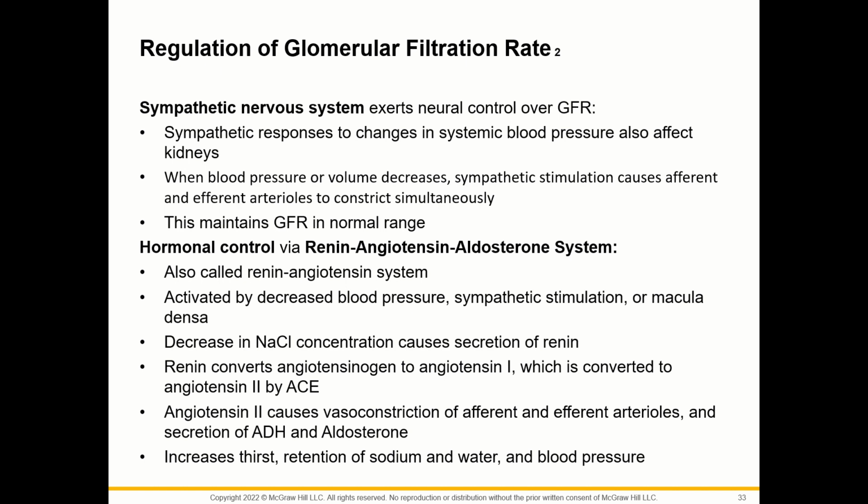Renin converts angiotensinogen to angiotensin 1, which is converted to angiotensin 2 by ACE. Angiotensin 2 causes vasoconstriction of afferent and efferent arterioles and the secretion of the antidiuretic hormone and aldosterone. This increases thirst, the retention of sodium and water, and blood pressure.